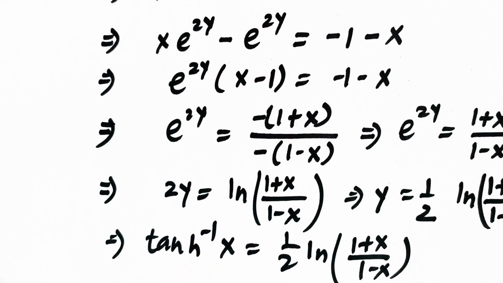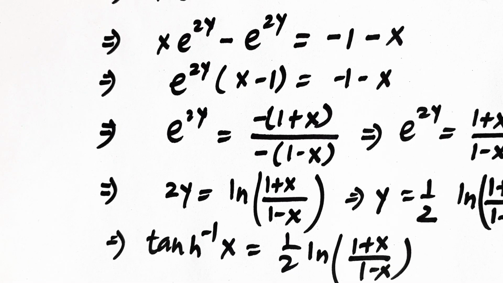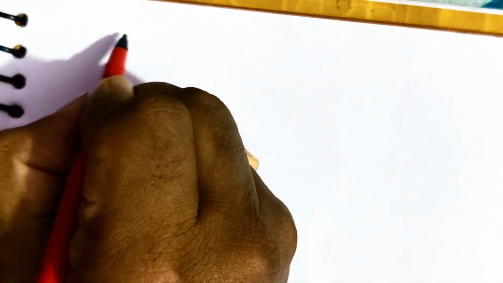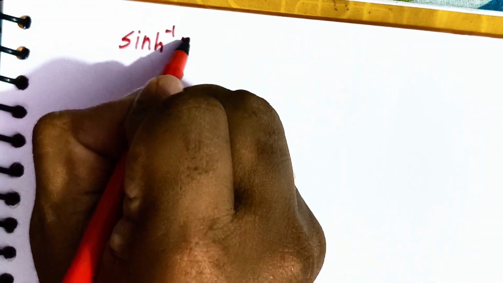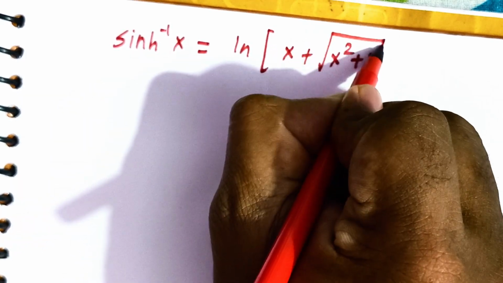Sometimes, without following this procedure also, you can find the logarithmic equivalent of inverse hyperbolic functions. Like, suppose we want to show hyperbolic sine inverse x as ln of x plus the square root of x squared plus 1.